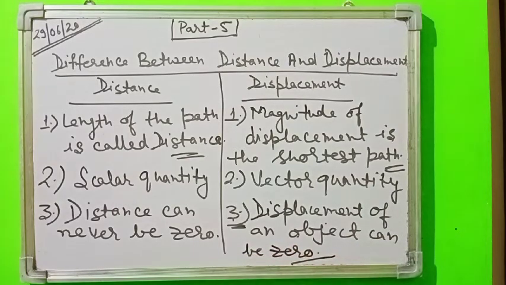Means with the passage of time, if the body is traversing some distances and it comes again to its initial point after traversing certain distance, then in that case the displacement of the object is zero.